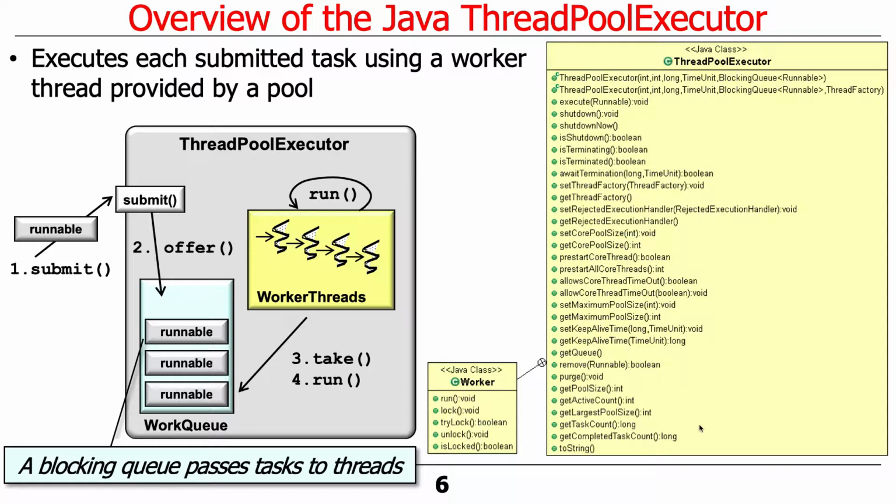And then one of the threads, whenever it's available, will pull the next available Runnable or Callable out of the queue and run it to completion. And when it's done, it'll go back and find the next one to execute. And since you have a pool of threads, conceivably you can chunk away through this queue of pending tasks faster than would be the case if you had a single thread.